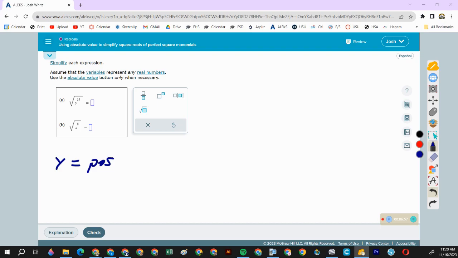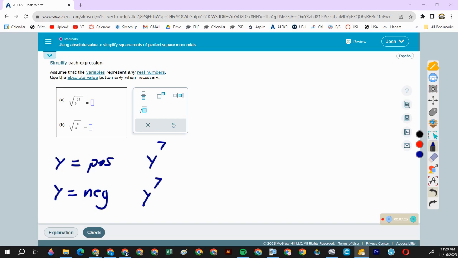If y is a positive number, then it's going to simplify down to y to the 7th. What if y is a negative number? What's going to happen? So negative y to the 14th is a positive number, and then you square root it and you get y to the 7th.